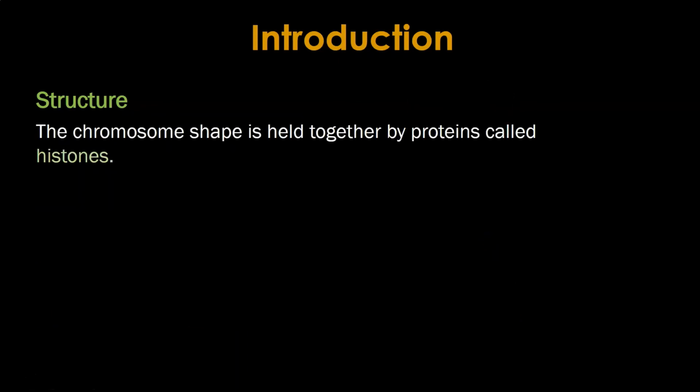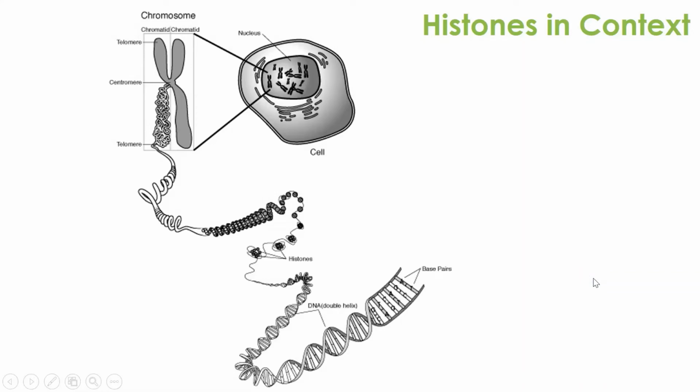There's another kind of protein we need to talk about, and they're called histones. And remember that that long DNA molecule is knitted together, and it doesn't hold its knitted shape without some help, and the help comes from these proteins called histones. Now, here is a diagram which I will go through with you.